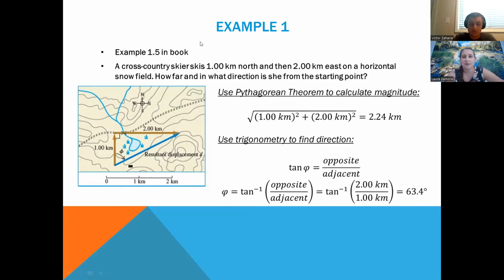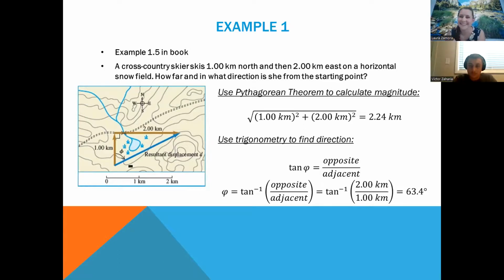Victor, you are raising your hand. Is there a difference between the symbol theta and the symbol that's there? Yeah, so theta is like an oval with a line through it. I don't know how to do that with my fingers. So this one would be phi.